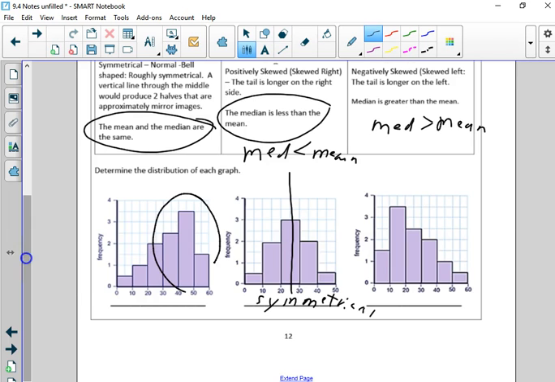This one, the bulk of my data is down here, but it's being pulled left. So that's skewed left. And here, the majority of my data is here, but it's being pulled that way, so that's skewed right. Someone did really well is pulling up the class average.